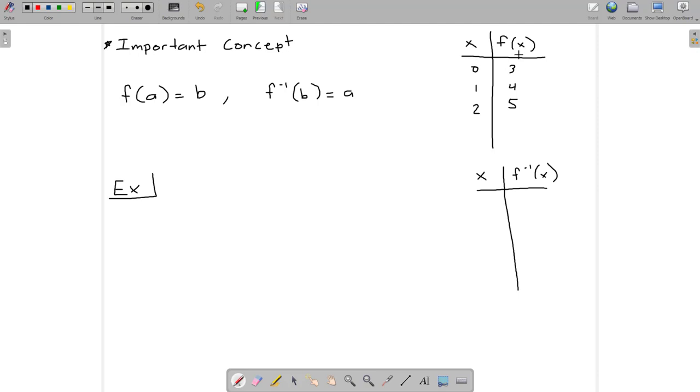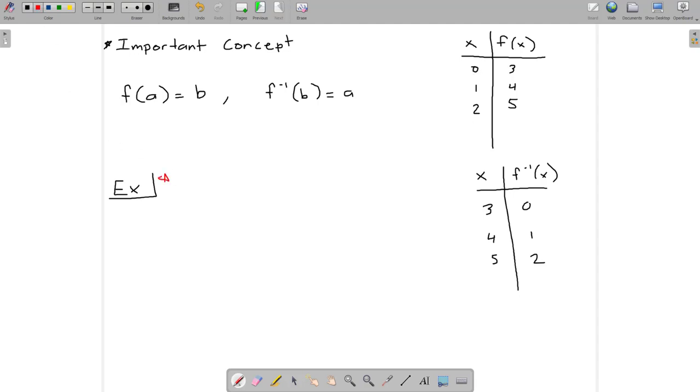So my f of x now becomes my x. So I know values of my function at 3, 4, and 5, and those values are 0, 1, and 2. So that's another thing to understand about what taking an inverse does.